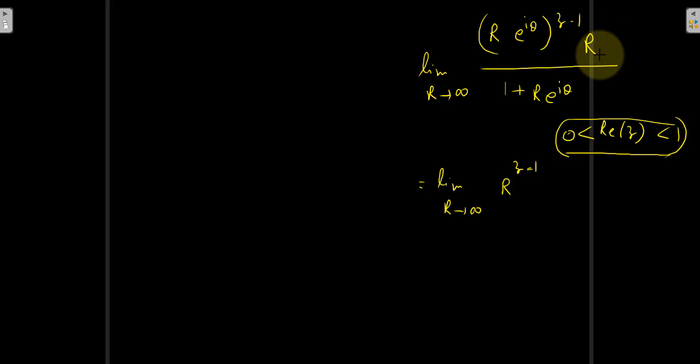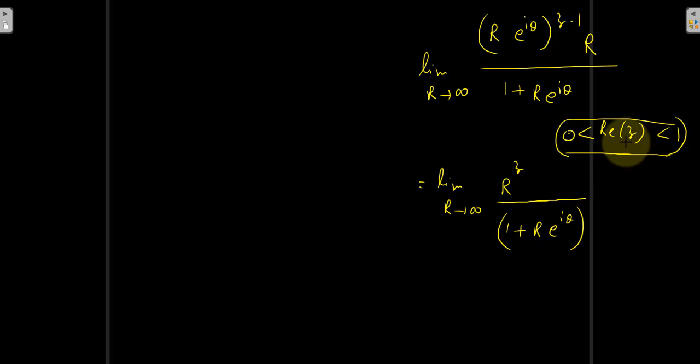So you can write it as r^z divided by 1 plus r e^{iθ}.